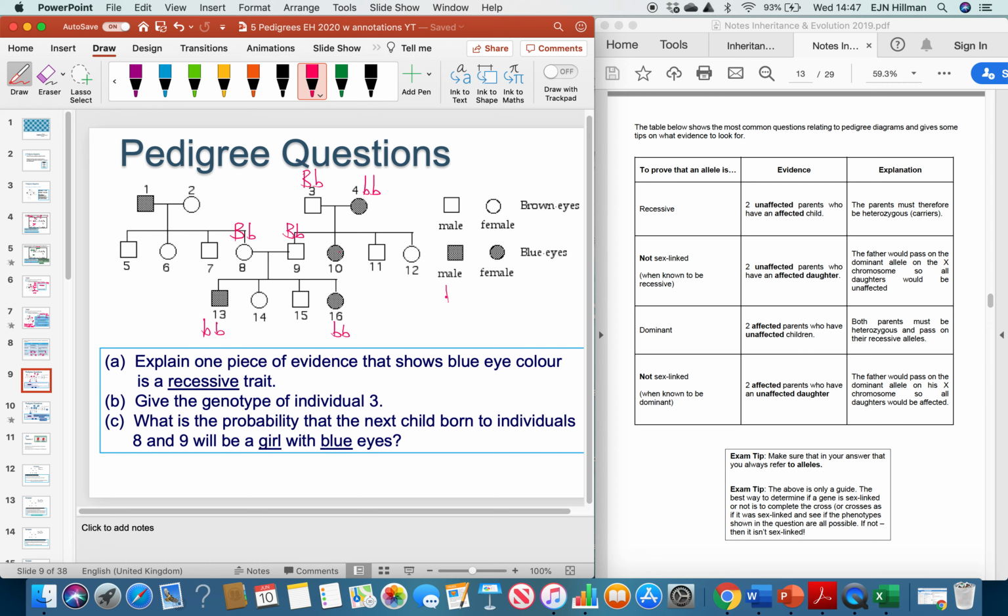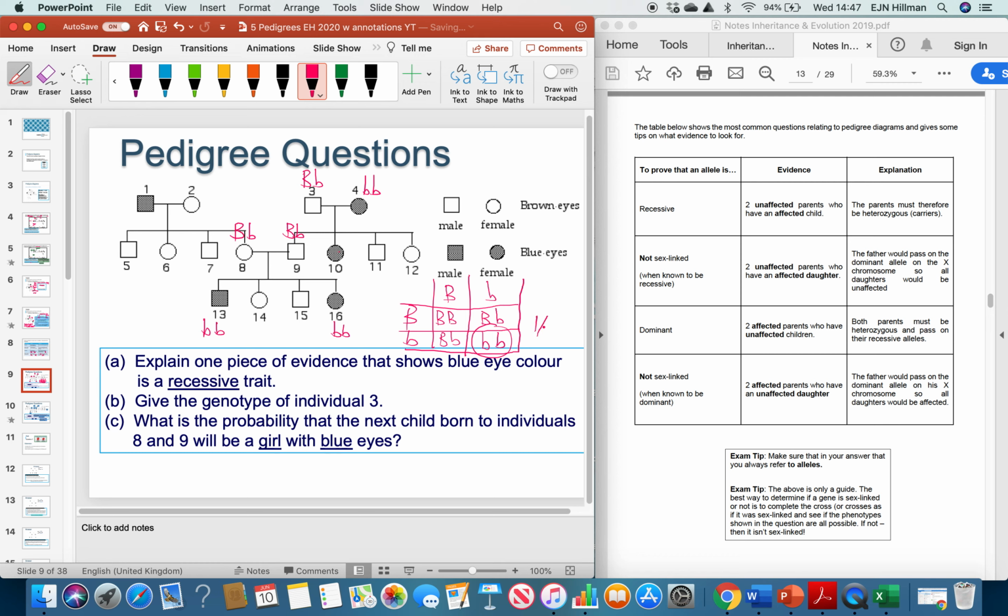So we know 8 and 9 would both produce the same gametes. Okay, the likelihood is 3/4 of their children would have brown eyes, but 1/4 down here would be homozygous recessive and have blue eyes.